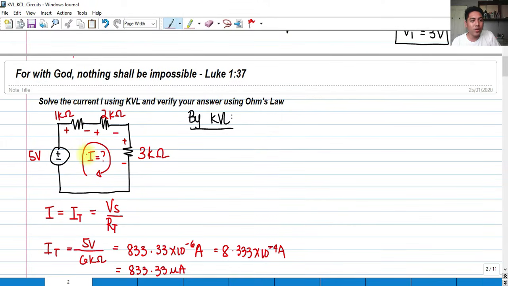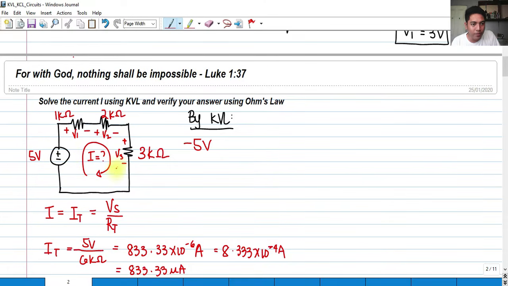What we are going to do is first label the voltage drop at 1 kilo ohm, V sub 1, the voltage drop at 2 kilo ohm, V sub 2, and the voltage drop at 3 kilo ohm, V sub 3. So let's try to write that. We have negative 5 volts. Why? Because if we make a loop, it enters the negative side.